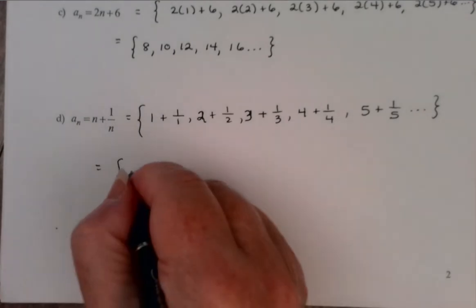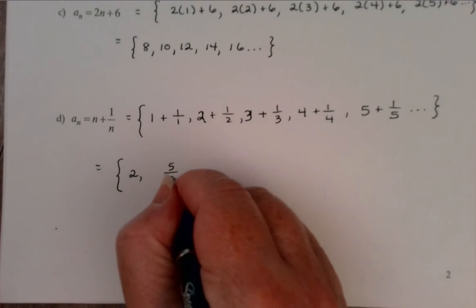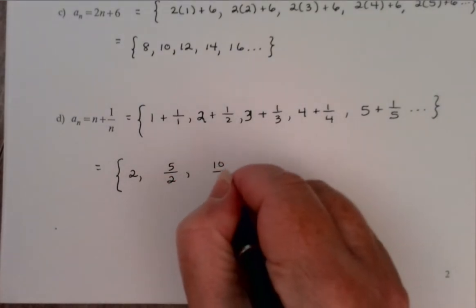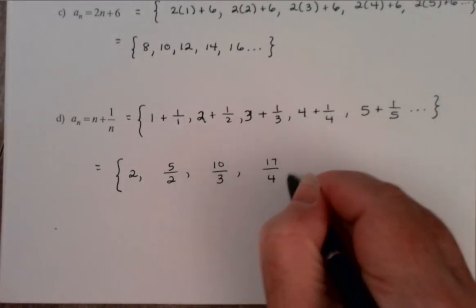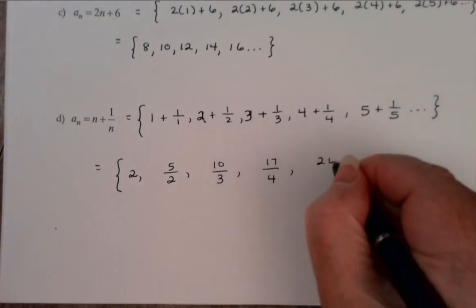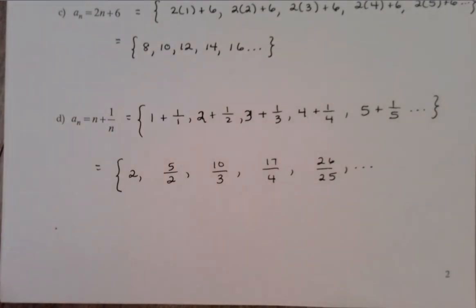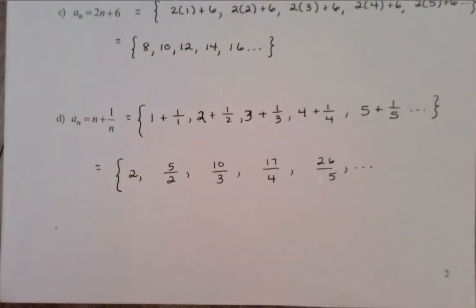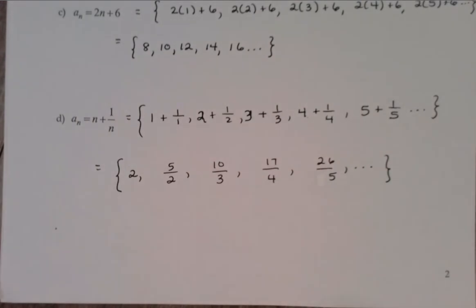All right, 1 and 1 is 2. 2 and 1/2, otherwise known as 5/2. 3 and 1/3 would be 10/3. 4 and 1/4 is 17/4. And 5 and 1/5 is 26/5. Sorry, just 26/5, not 25ths. Got a little bit overboard there. There we go, 26/5.